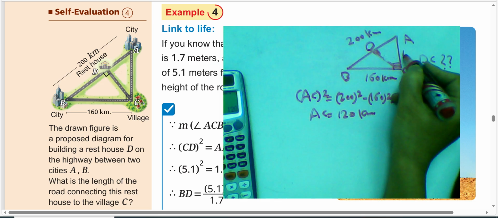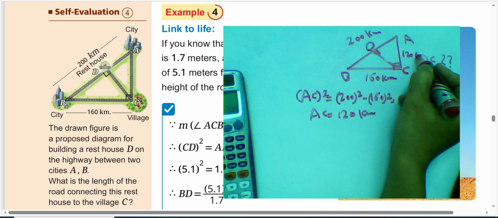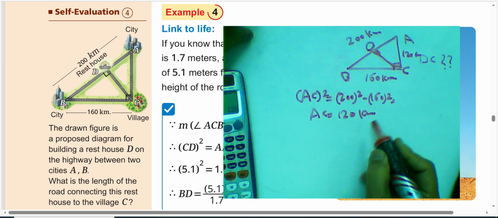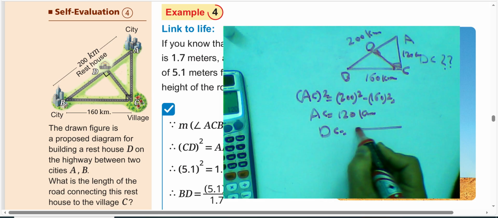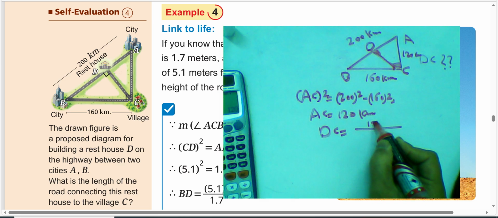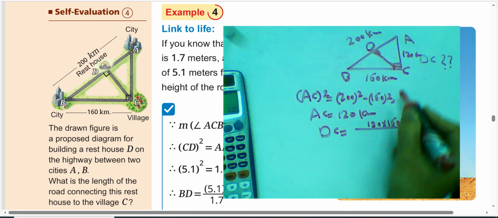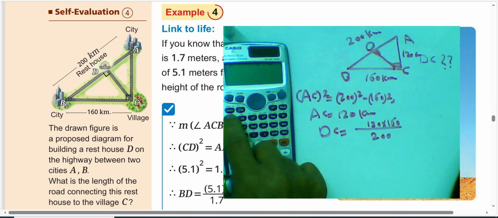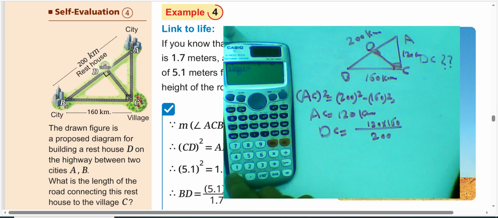EC is 120 kilometers. We found EC. Now we can find DC from the theorem. DC equals the product between the two sides, 120 times 160 divided by 200.